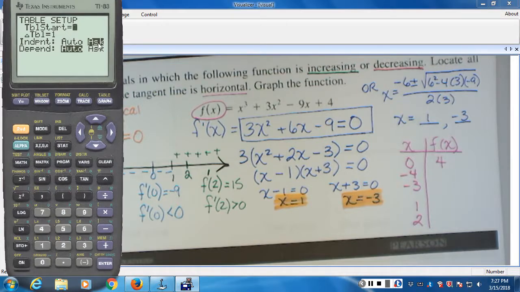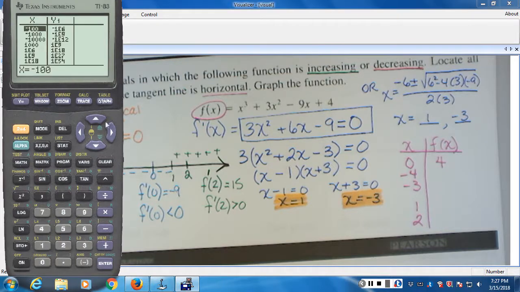I want to see just certain ones. So it's set up to let me ask for x values, and I'm going to go look at the table. I don't like any of those, so we're going to get rid of those. That's from back in Chapter 11. And just to check, in case my brain went dead for a second, I'm going to go ahead and plug in 0 anyway.